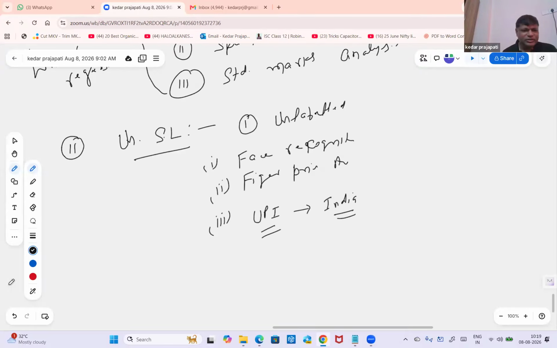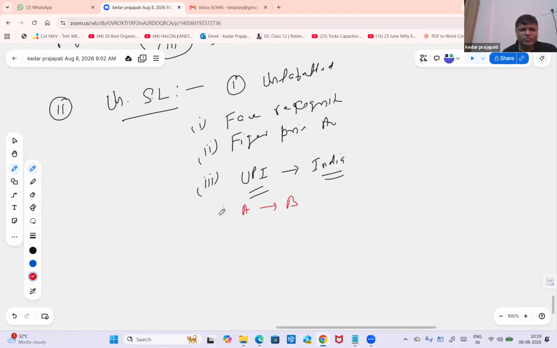So think, you are sleeping, the bank is closed, and you are sending money from A to B. A very complex algorithm works here, and your payment happens in 1 second, not even 2 seconds. So inside there are huge machine learning algorithms. Suppose you want to send 100 rupees to someone.